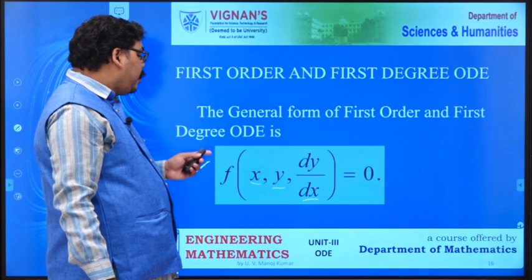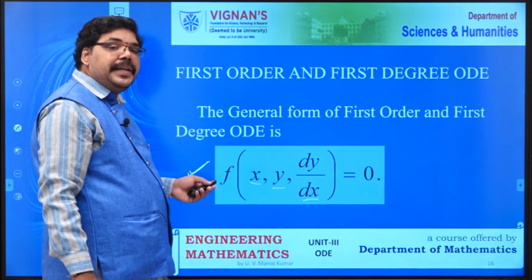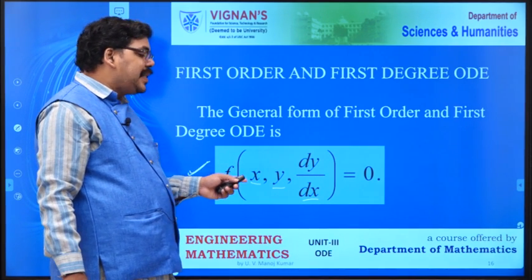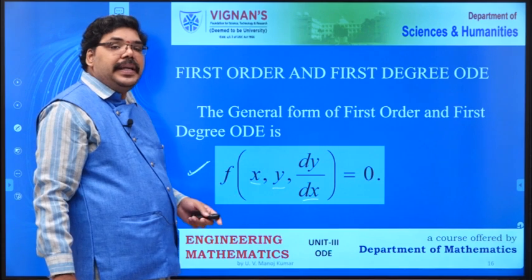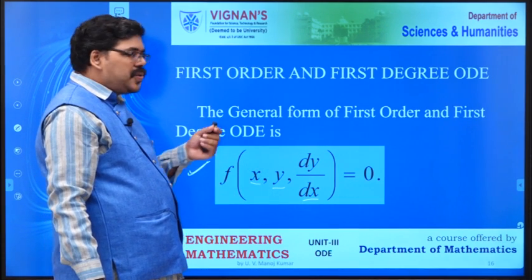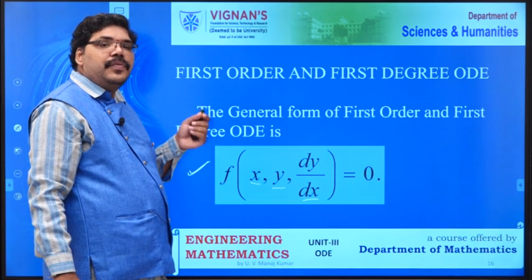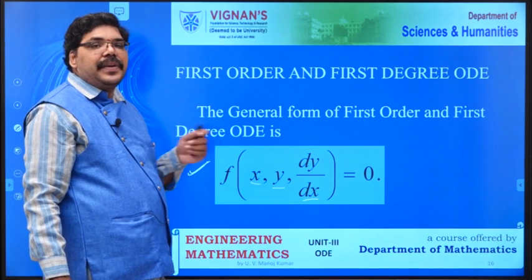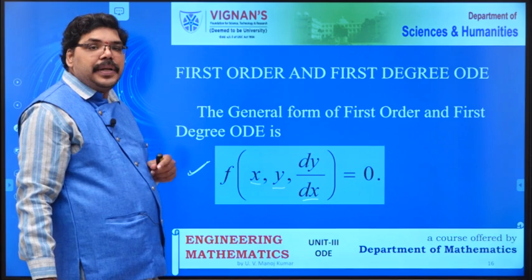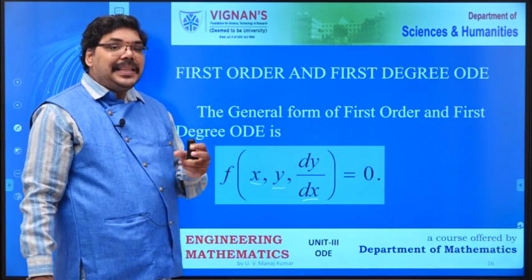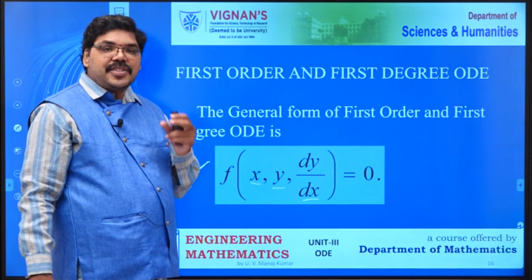Okay. So the first order first degree differential equation will be in the form f of x comma y comma dy by dx equals 0. So we will solve different types of first order first degree differential equations in this unit. What is the basic thing you have to learn and understand?